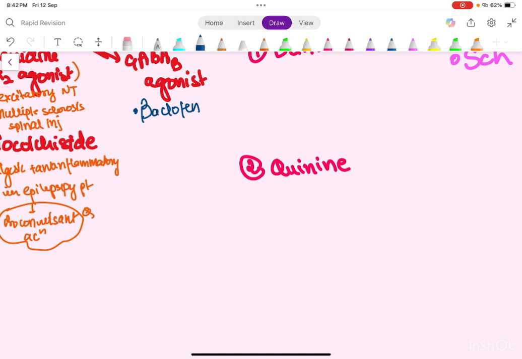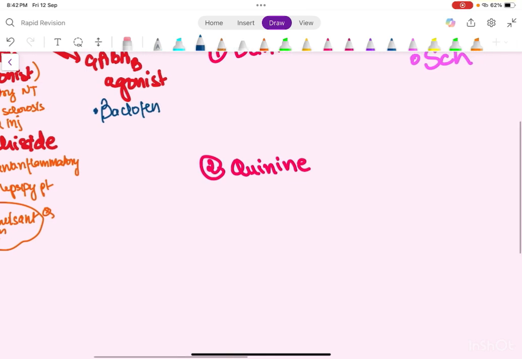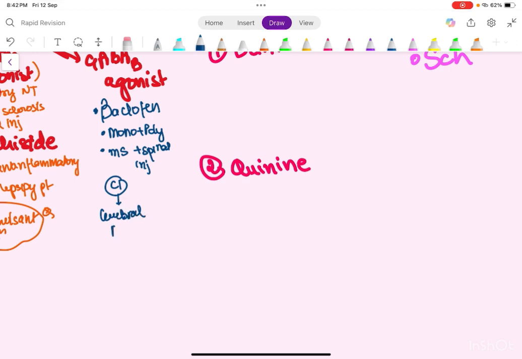Now in baclofen there are a number of points that you should know. So first is that it inhibits both mono plus polysynaptic reflexes. Okay, then it is used in the same way, in multiple sclerosis patients and spinal injury patients. But the main thing is that it is contraindicated in cerebral palsy patients.